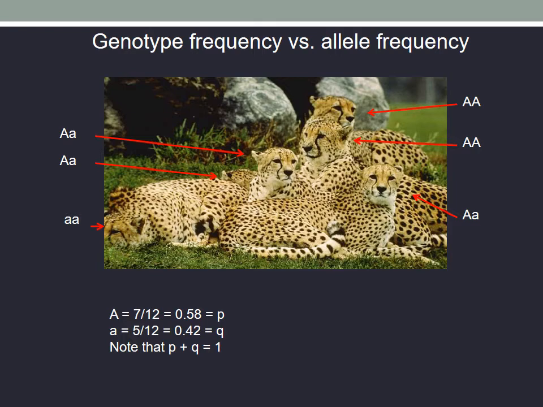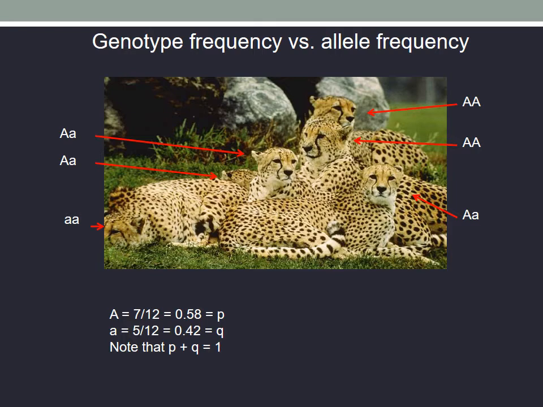Now we knew that there were 6 individuals, so we knew that there were 12 possible alleles. To calculate P, we would say 7 divided by 12, because P is going to stand for our dominant trait, so our capital letter. So 7 capital A's means P is 7 divided by 12, which is 0.58.